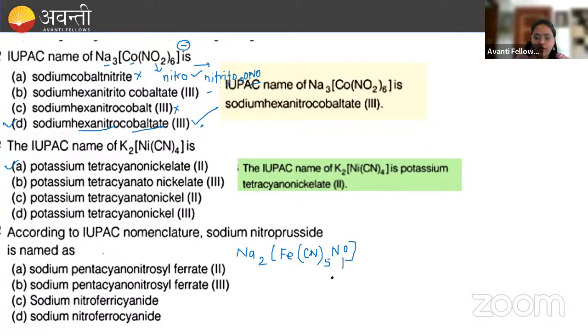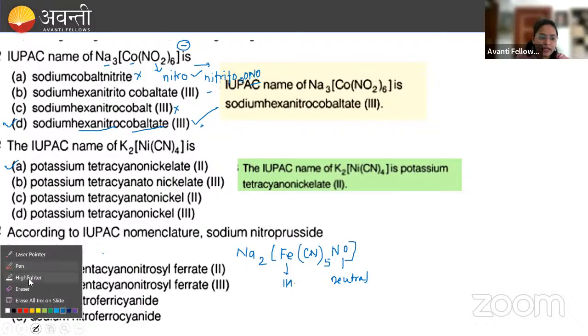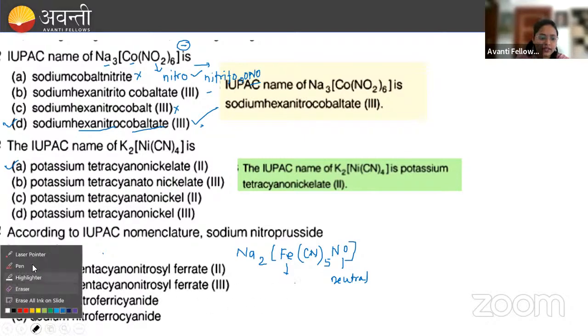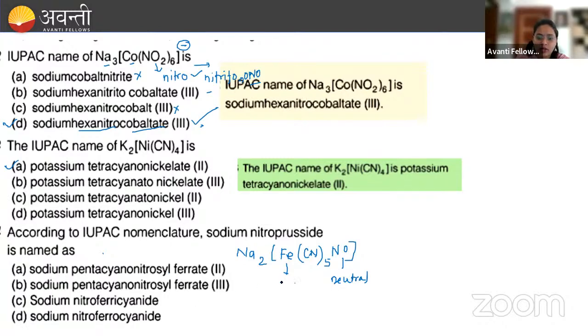Okay, here NO is what? A neutral ligand. And that's why iron will get the 3 oxidation state. I have just explained this to you. Now tell me what our answer will be here. Yes, 1, 2, 3.